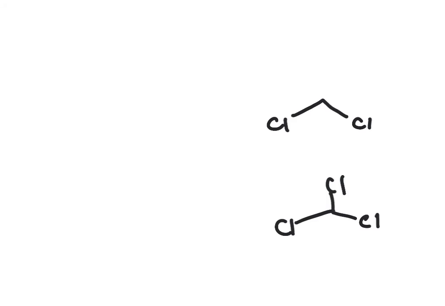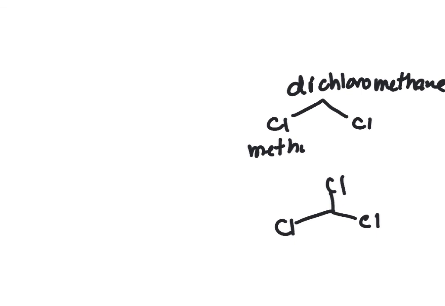These are the 2 haloalkanes that you need to memorize the trivial or common name for. The IUPAC name for the top one is dichloromethane. Its trivial name is methylene chloride. You need to memorize this because you're going to see it in lab and you're going to see it both ways, and I'm going to interchange both names.